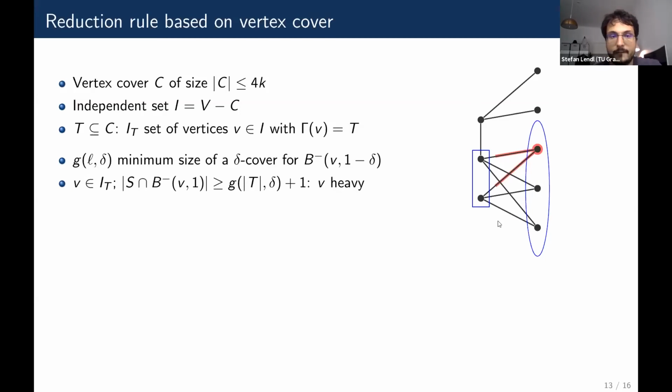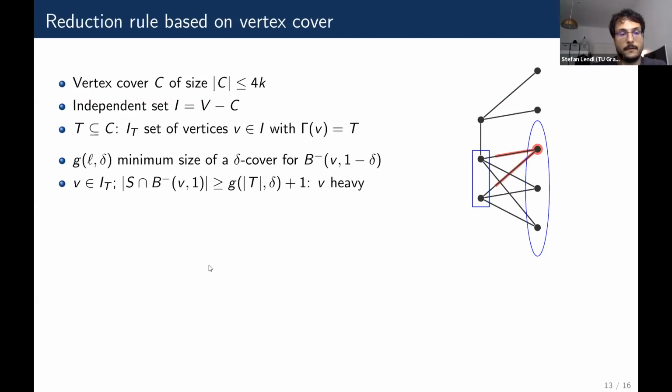And why are we interested in that? We are interested in that because this is the part that has to be covered from inside, because a point on this vertex can only cover up to here and cannot cover the space inside here. So this is the space that has to be covered by points on the vertex and the incident edges to the vertex. And we can pre-compute those numbers.